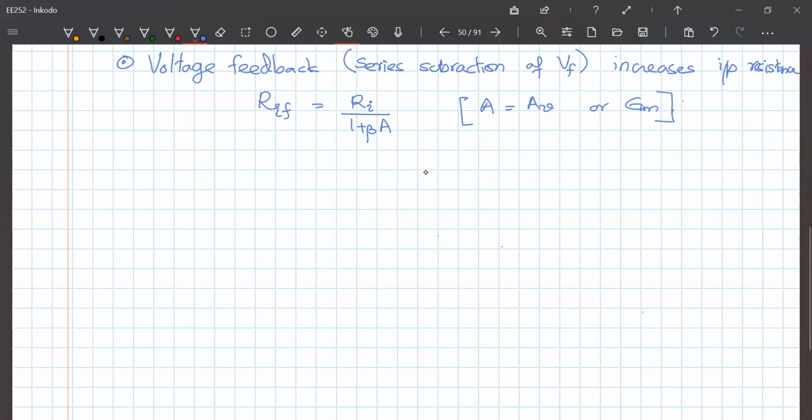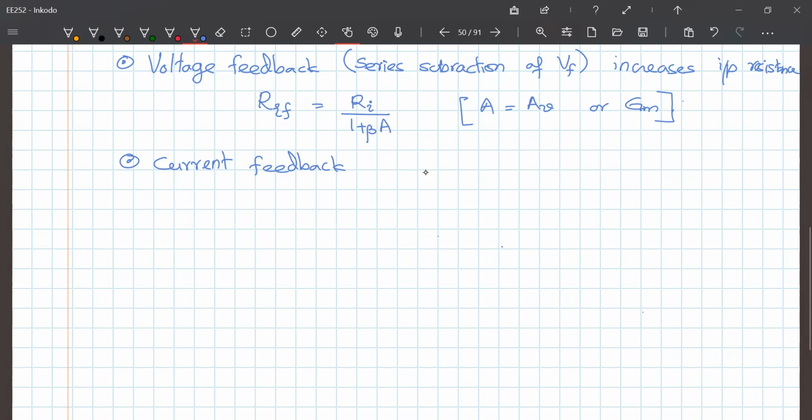Whenever you have current feedback, the second one, what that means is my input is a current. So the feedback has to be the same as the input, so the feedback is also current. Now what that means is I connect it in shunt.